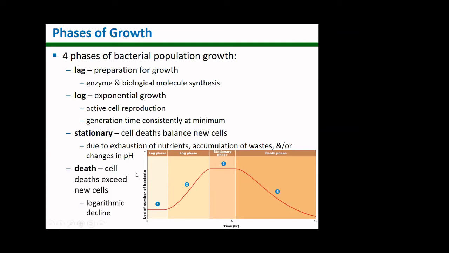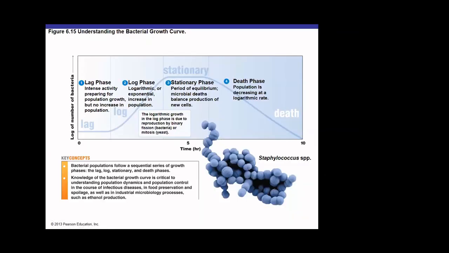And once that gets overwhelmed, cells start dying, and you have cell death exceeding the numbers of new cells, and you have a very sharp decline in your population, and that's the death phase. Right, so lag, log, stationary, death are your 4 phases of growth. Here is the same information, different picture.